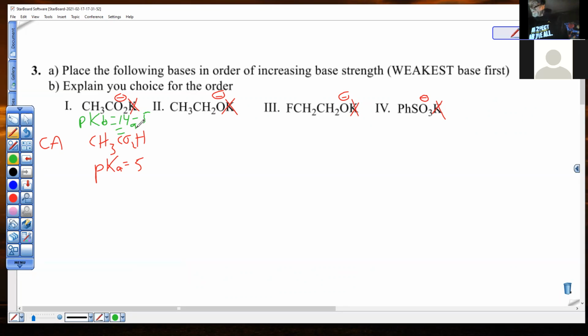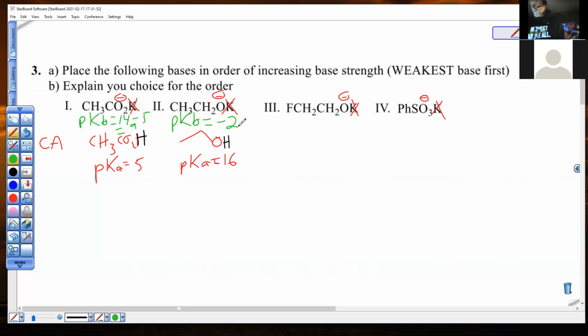And this is the conjugate base of an alcohol. I'm going to go stick figures now. Put the H's in black. And, you know, you can write 17. I don't mind. And I'm going to put 16 because that's closer to reality. pKb. I'm going to stop showing my work now. 14 minus 16.